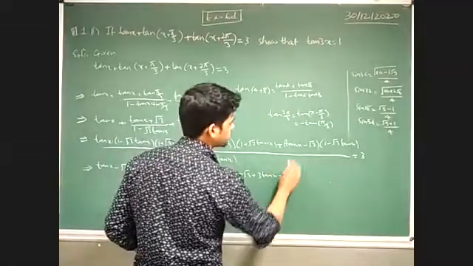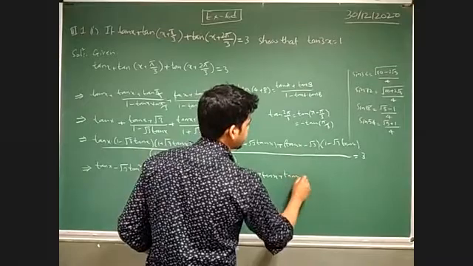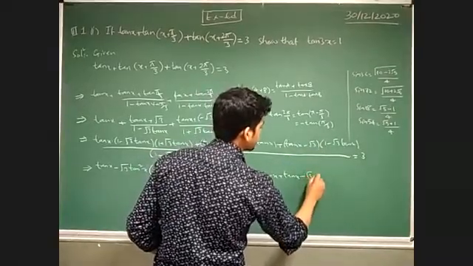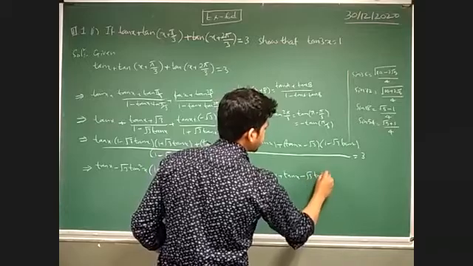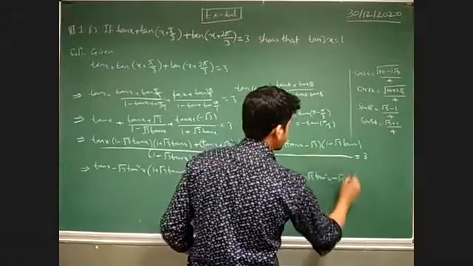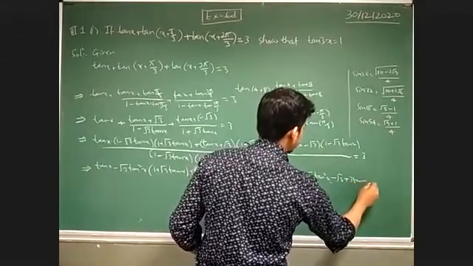Okay, again multiply here, this will be tan x, then minus root 3 tan square x, and here minus root 3, and here plus 3 tan x.